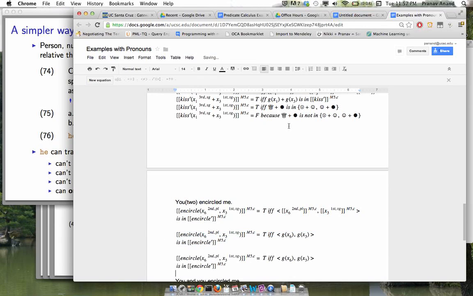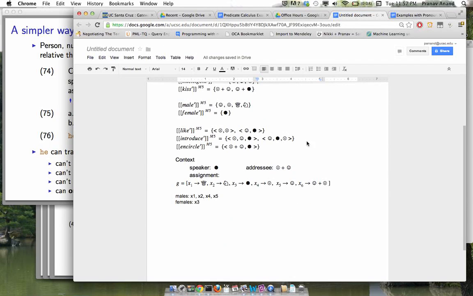Now we substitute. So that's g of x3. And g of x6 is that summation.